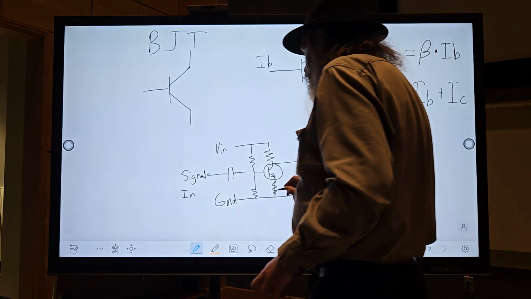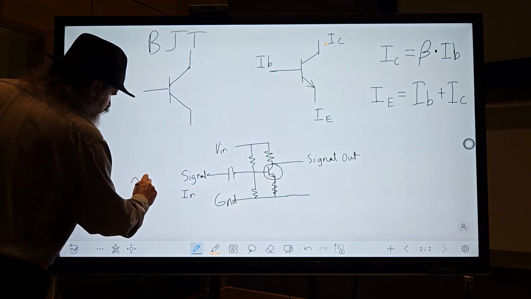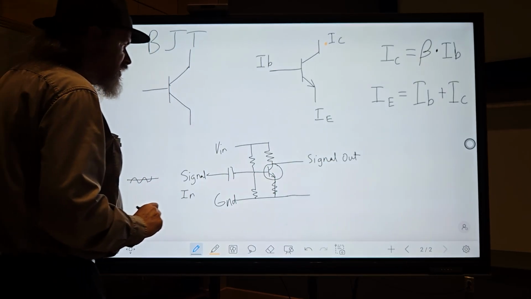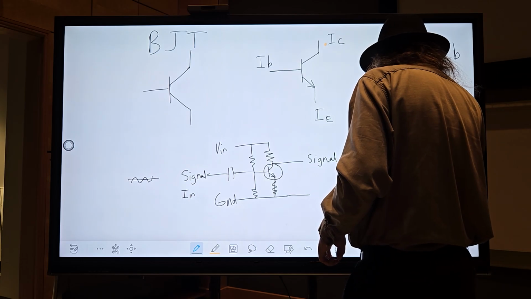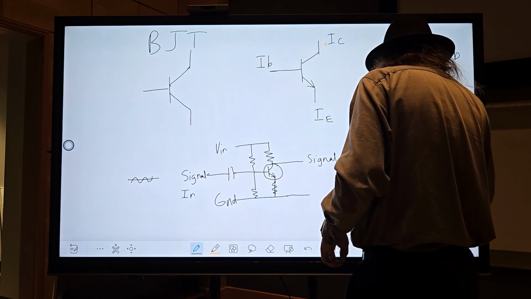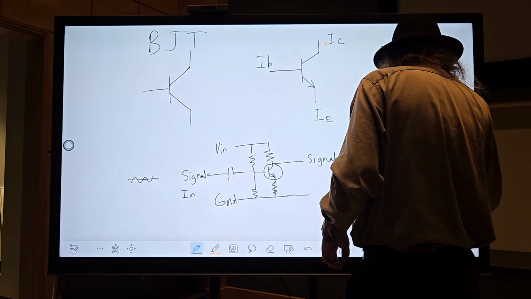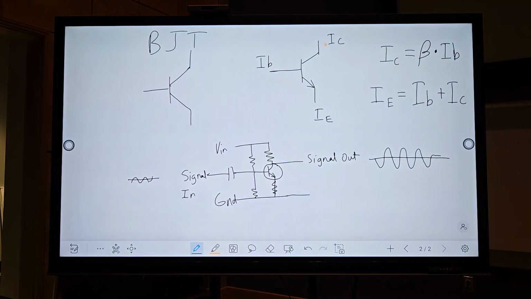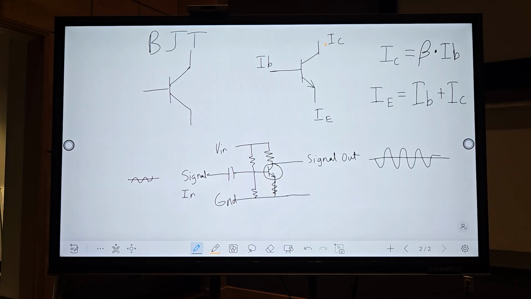So a small AC signal in here will have a larger signal going out, but it will be out of phase by 180 degrees.